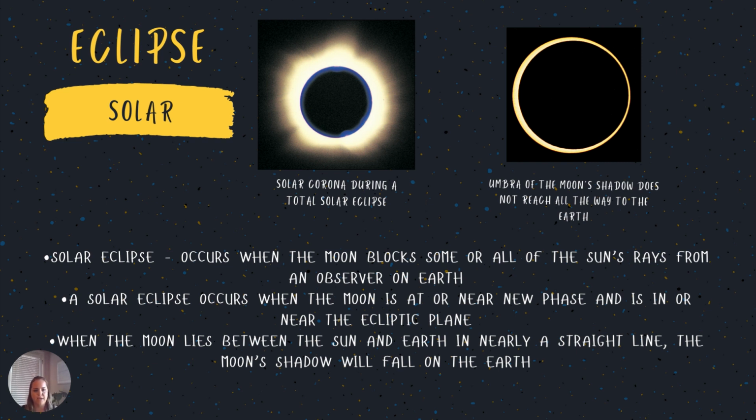And so what you can see in this image on the left here is what we call a solar corona, which is during a total eclipse. It looks kind of like, I don't know, little flares on the outer edge of the moon. So that's really cool to see. Like I said, make sure you're seeing it safely with the correct either glasses or telescope or whatever.